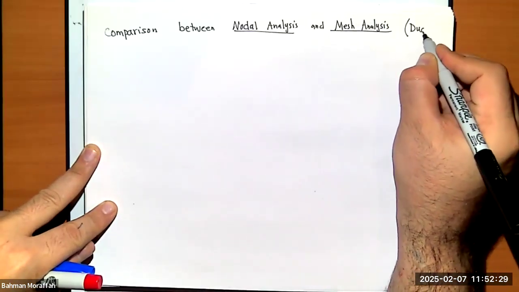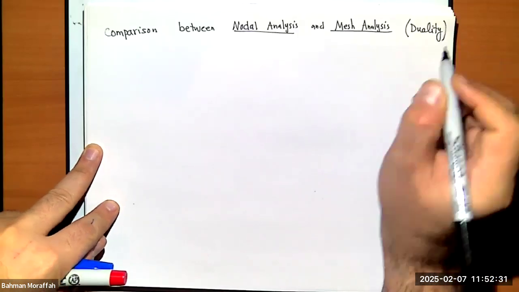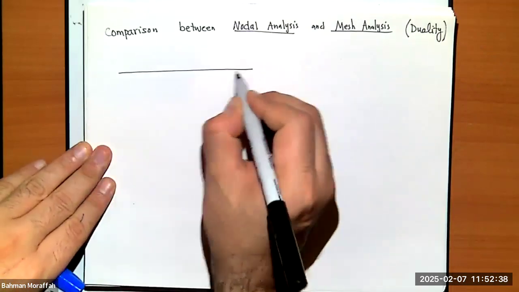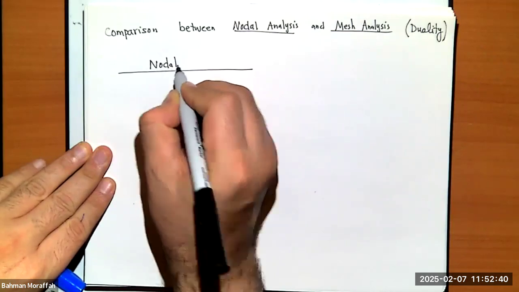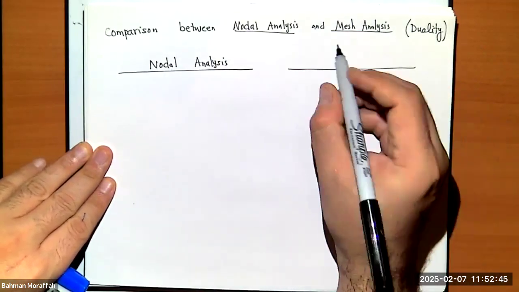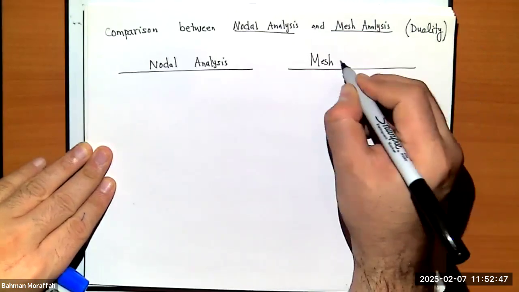Basically, there is a duality between these two methods. I'm going to explain what I mean by duality in a second. So let's just have everything about nodal analysis here, and everything about mesh or loop analysis over here.